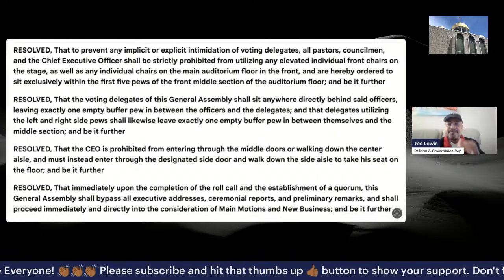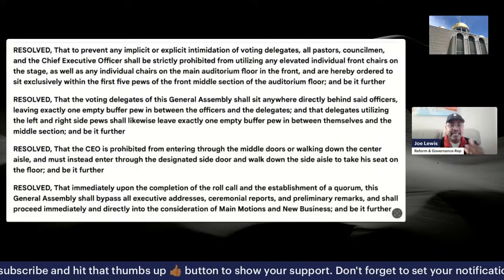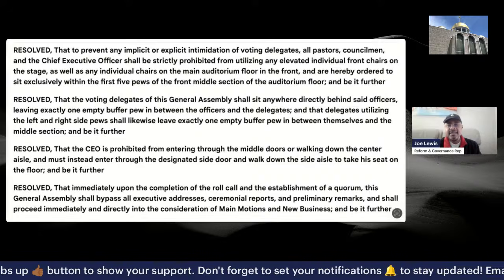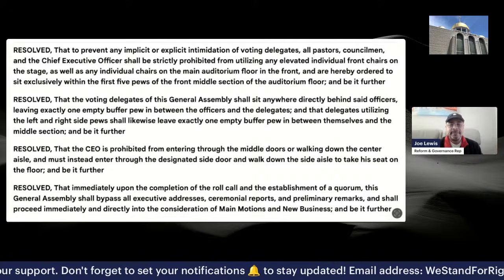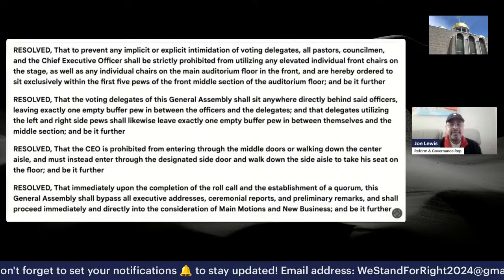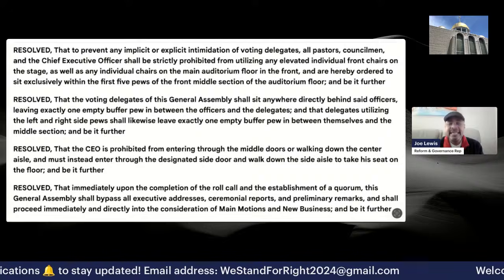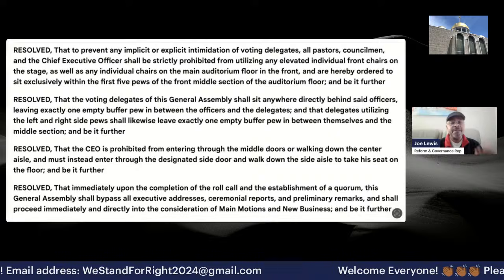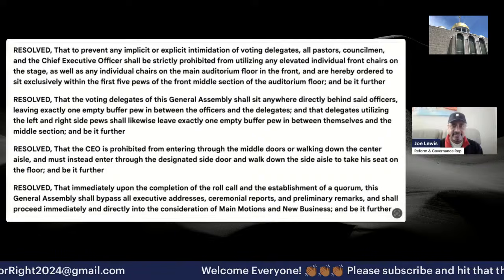Further, and be it further resolved, that immediately upon the completion of the roll call and the establishment of a quorum, this General Assembly shall bypass all executive addresses, ceremonial reports, and preliminary remarks, and shall proceed immediately and directly into the consideration of main motions and new business.